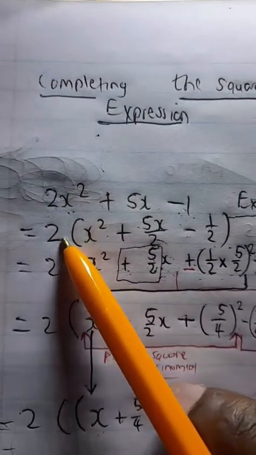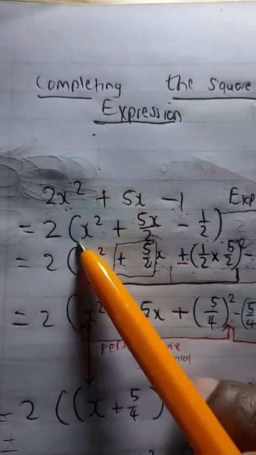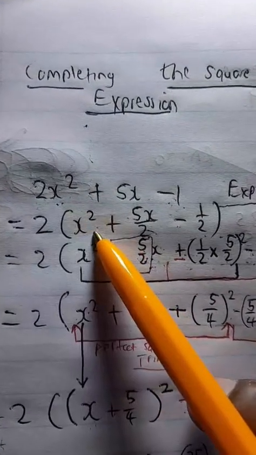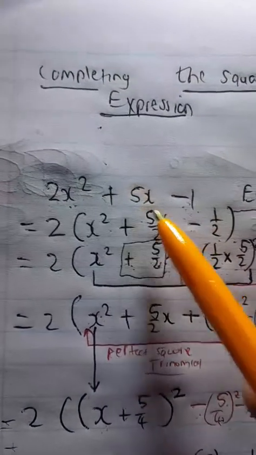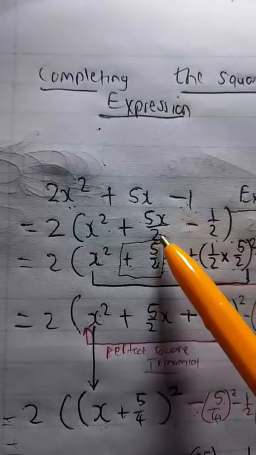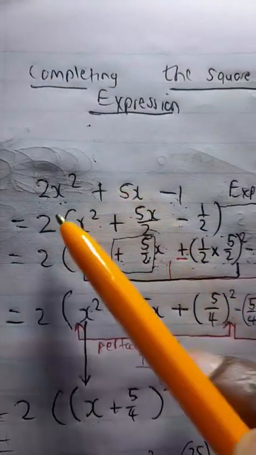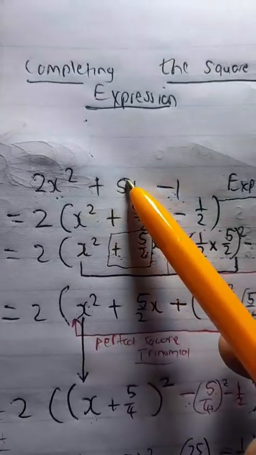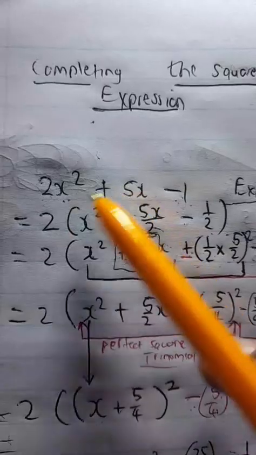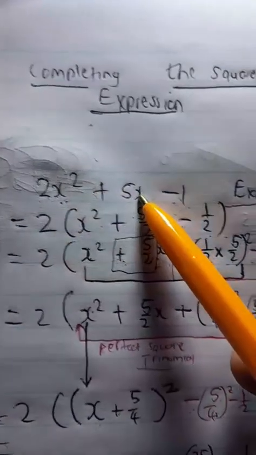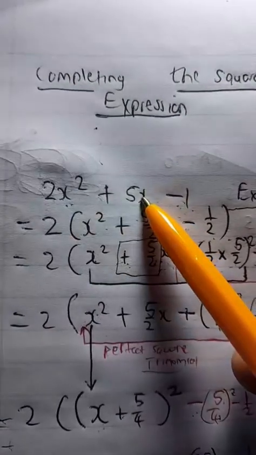So this is what we do. We take out the 2, which leaves us with what inside the bracket? With x squared for the first term. Then for the second term, it leaves us with 5x over 2, because 2 does not go into 5; 2 is not a factor of 5.